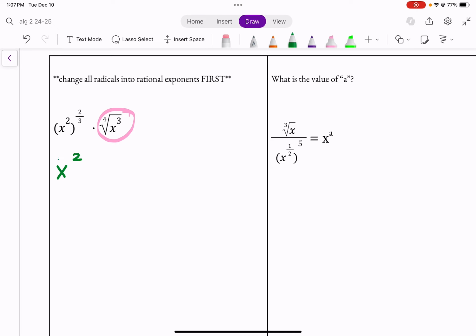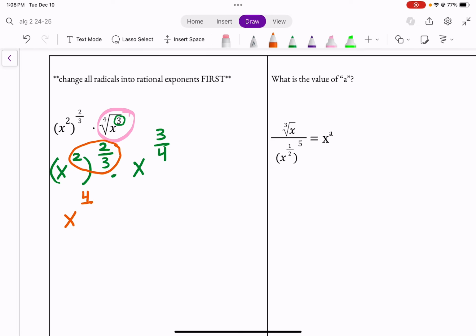So I'm going to rewrite everything, but instead of writing it as a radical, remember the inside goes on top. So I can rewrite this like this. Now I have to get rid of parentheses, right? So I can multiply these together, which you should be doing in your calculator. I'm not going to show you how to do that. You should know how to do that by now.